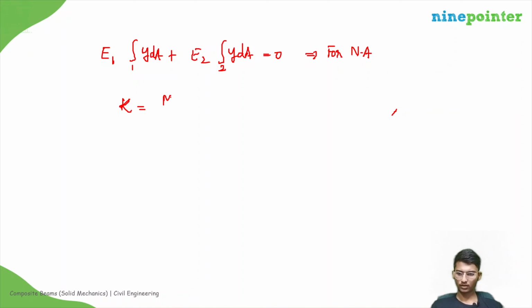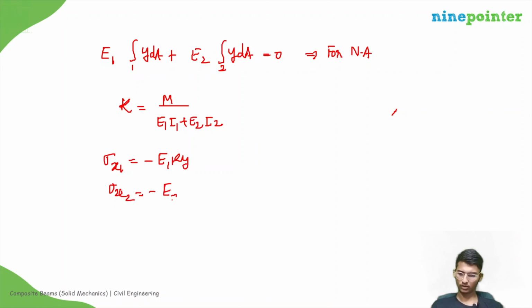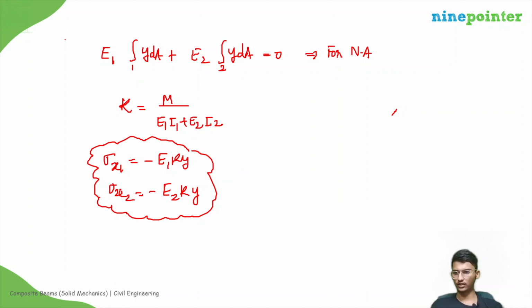Kappa is given by M divided by E1 I1 plus E2 I2. After that, we can find out sigma x1 is equal to minus E1 kappa into y, and sigma x2 is equal to minus E2 kappa into y. So we can put the value of kappa and find out the normal stresses. So these are the three important sets of formulas for composite beams.